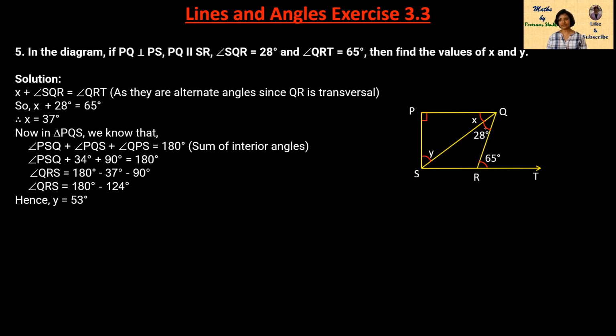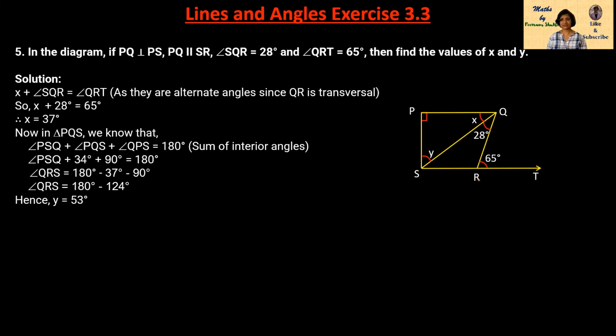If we find one angle, we can find the other angle easily, because this is given as 90 degrees, and then we can use Theorem 1, the angle sum property of a triangle. These are the parallel lines, so we can consider QR a transversal. Clear?